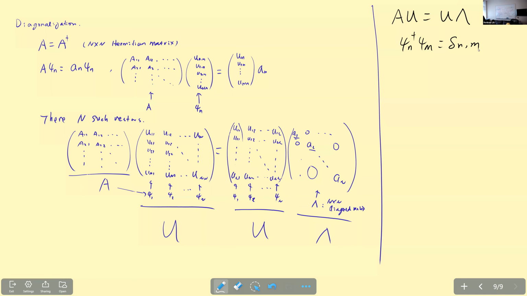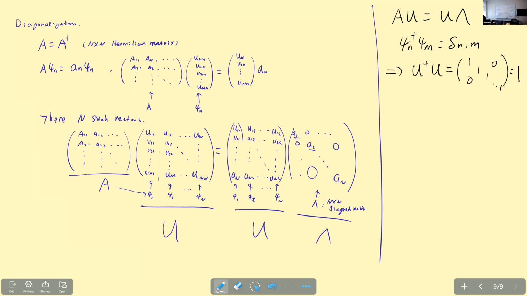So that means this column and the different columns are orthogonal. The first column and the others are orthogonal, and each column is normalized. So this basically means U dagger times U equals 1, just the identity.